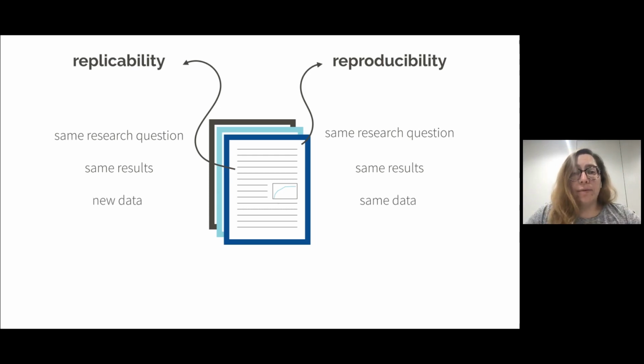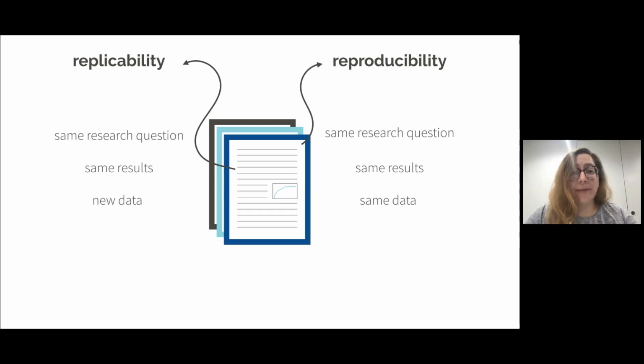When we talk about replicability, the way I'm defining it here is that you're using a new data set and you're getting to the same result. So you can think about a medical experiment, for example, that was done on a certain sample from one population, particular research question, and some results were obtained. Now, what if we were to replicate that experiment on a new sample and see if we get the same results?